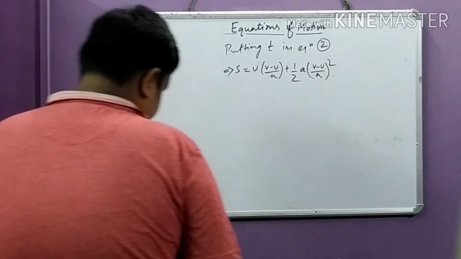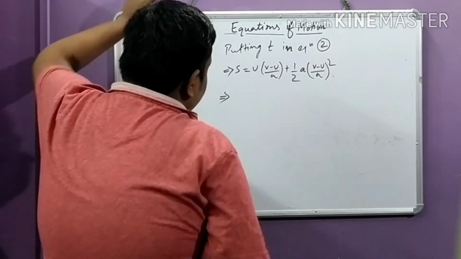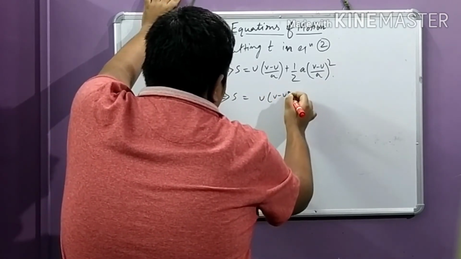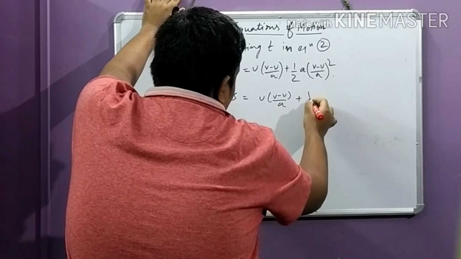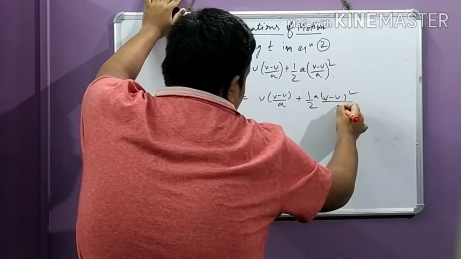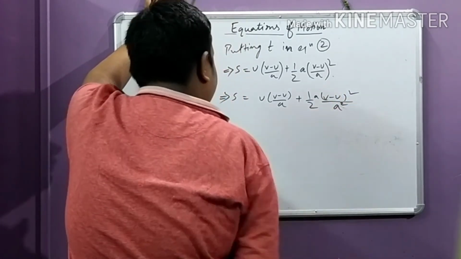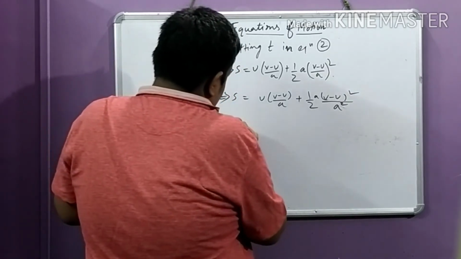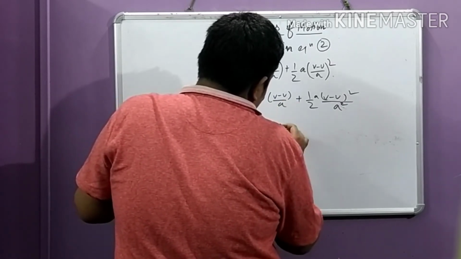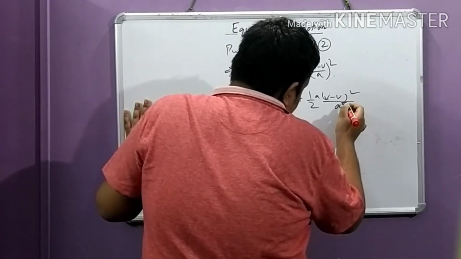So let's see what will happen. So here S equal to U into (V minus U) by A plus half (V minus U) whole square. Here it is A and A square. This is A square. So S equal, if we open the bracket, UV minus U square by A plus A square.